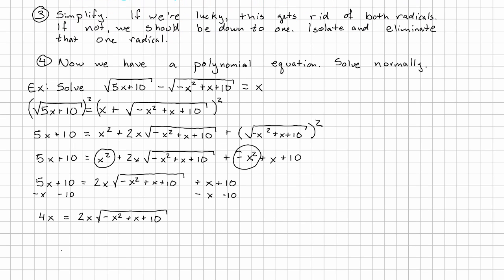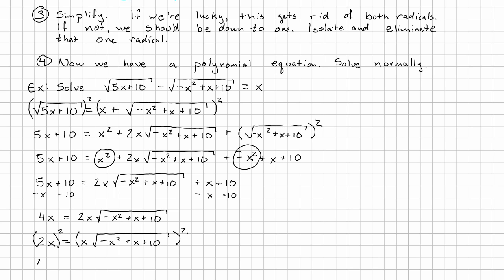I can divide both sides by 2 here, but I want to avoid dividing both sides by a variable if I can possibly help it, because that can cause other problems. So I'll say 2x is x times the square root of all that stuff. And now I'm ready to square both sides again.